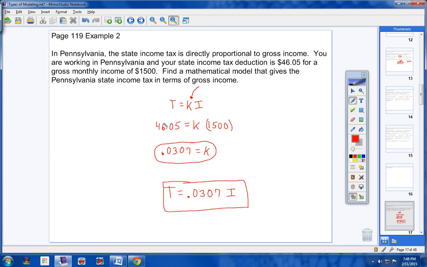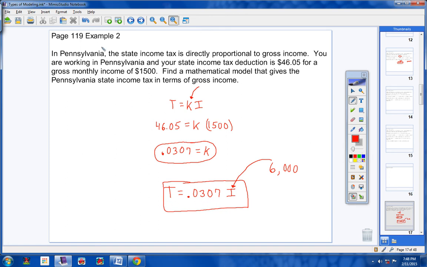Sure it is. Tax in terms of income means tax is by itself, and over here's your income. So you can give me an income. Maybe instead of making $1,500 per month, you make $6,000 per month. That'd be a nice salary. Put that in right here for I, and multiply it by 0.0307, and you would have your taxes for that month.